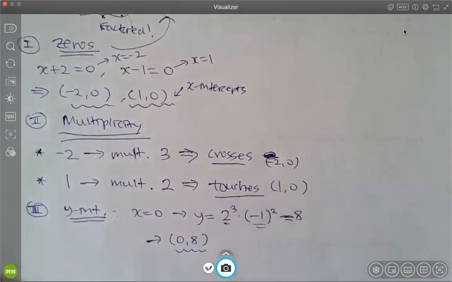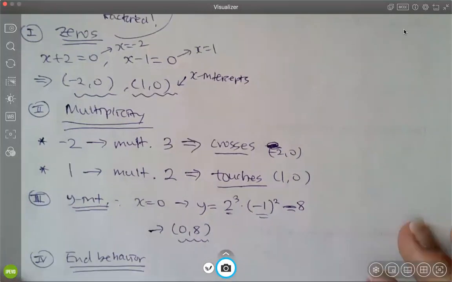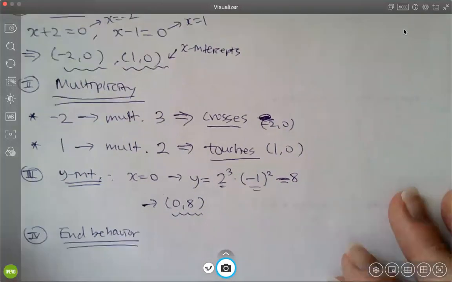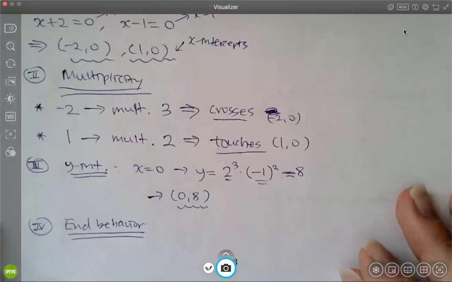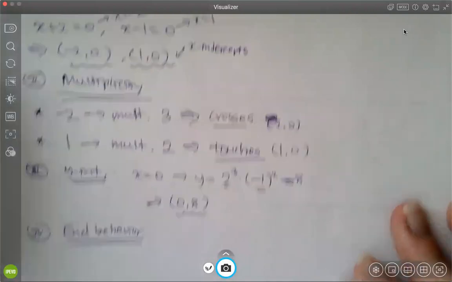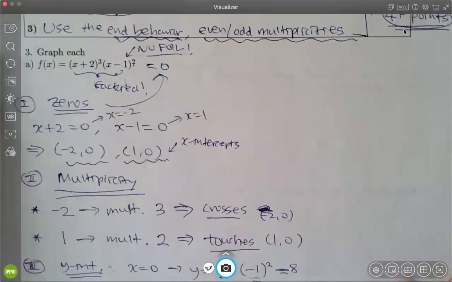And then the end behavior. Now we just did problems about the end behavior, right? So remember, to find the end behavior, what do we need? The degree and the leading coefficient, right? Now what is the small issue here?